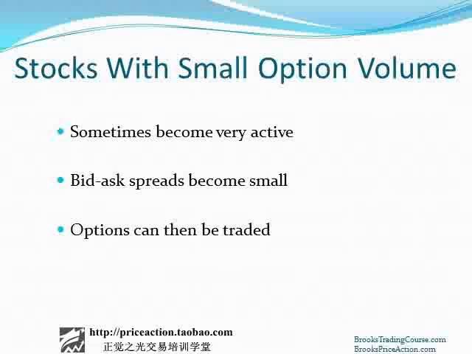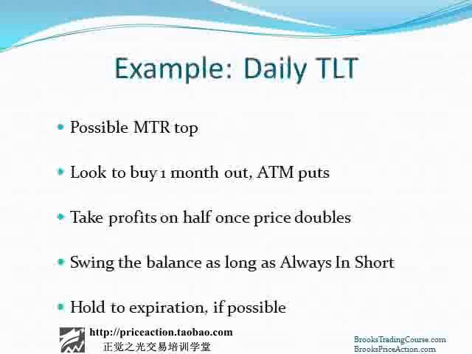Stocks with small option volume, sometimes they become very active and the bid-ask spreads become very small, and the options can be traded extremely well, just like any other big volume option stock. Here's an example, the daily chart of TLT, the ETF that follows the 30-year Treasury bond.